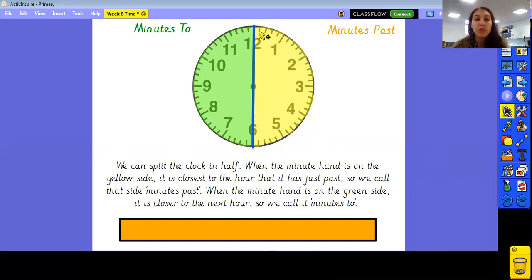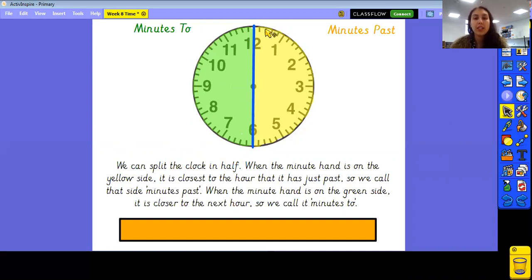So because it's closer to the hour that it has just gone past, we say minutes past, okay? So when the hand is closer to the green side, we say that's minutes to, because it's now going to the next hour and it's closer to the next hour.